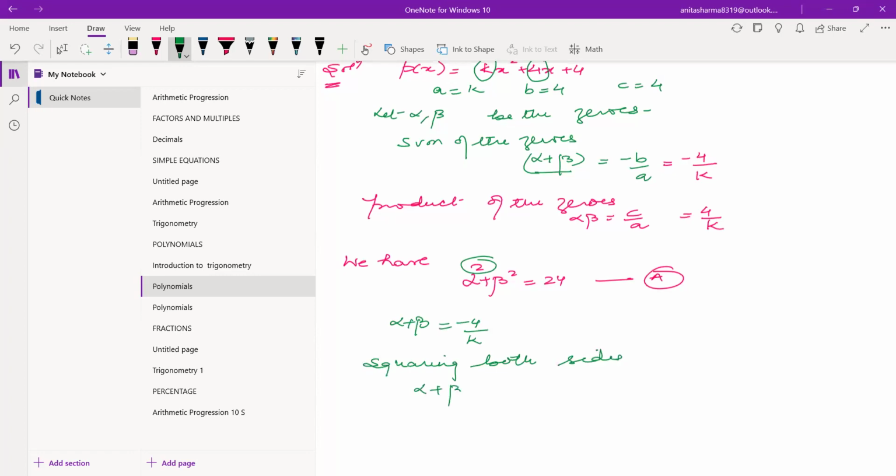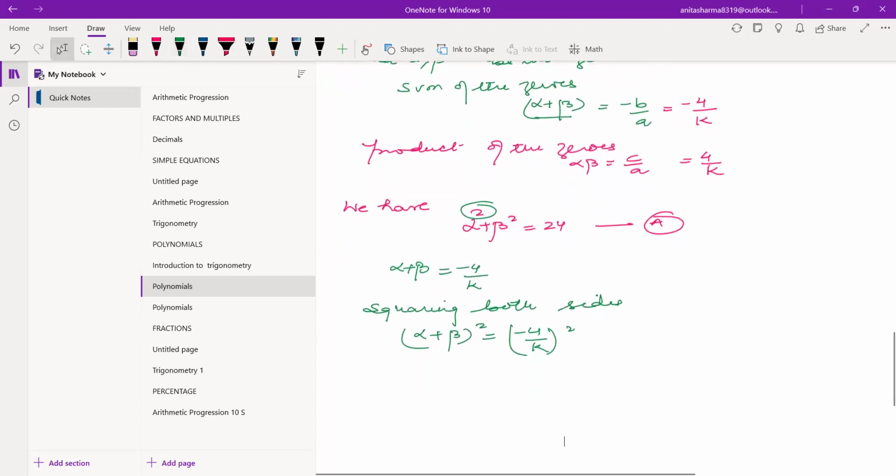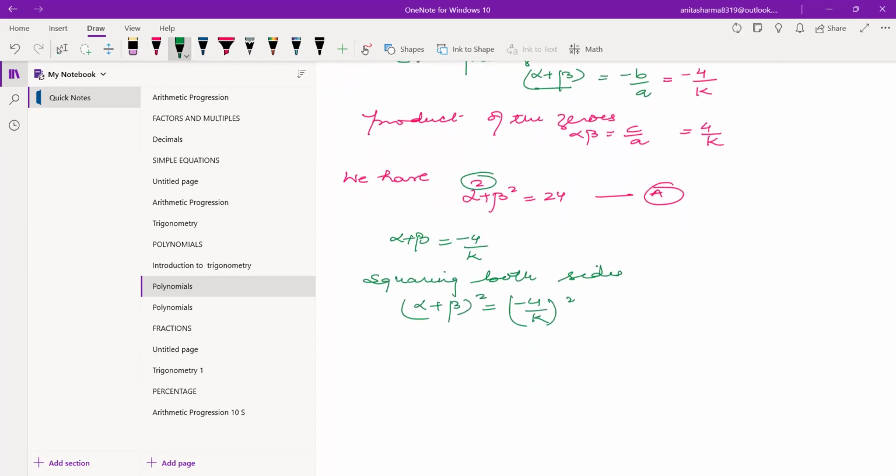Alpha plus beta whole square will be equal to minus 4 by k whole square. Got it, children? Why are we doing squaring? Because we have been given alpha square and beta square. Now apply the identity: alpha square plus beta square plus 2 alpha beta is equal to 16 by k square.